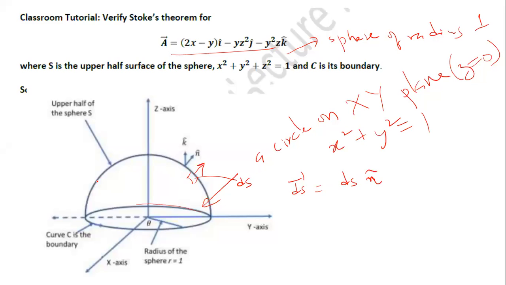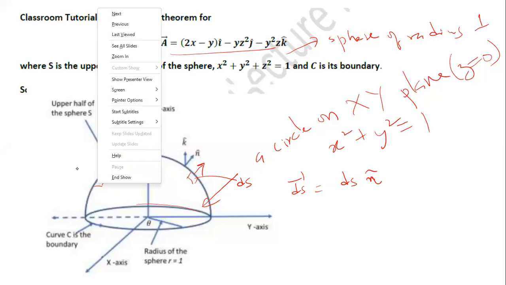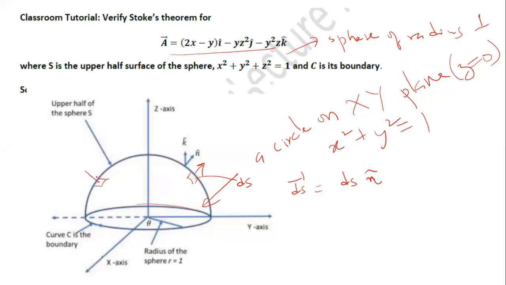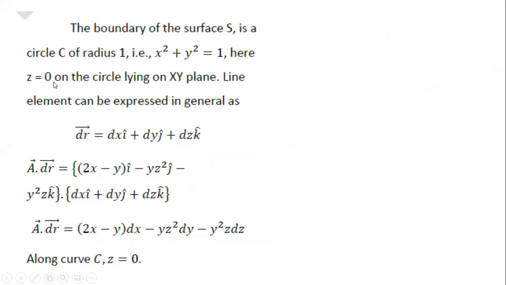If you consider the surface element ds here, the unit outward vector will be something like this. In fact, this is the unit normal vector. Normal means this vector is at 90 degrees to the surface.